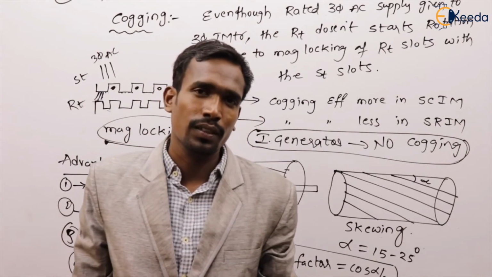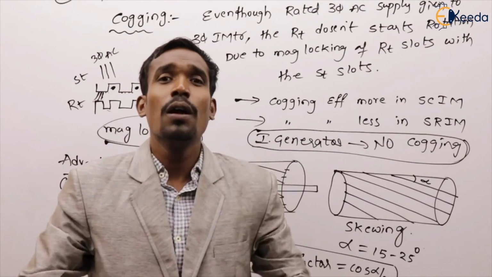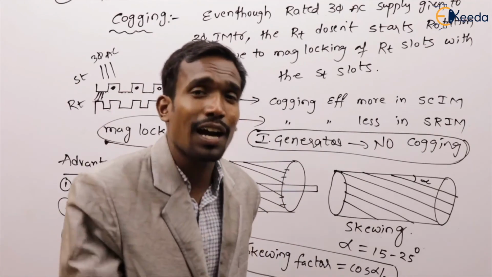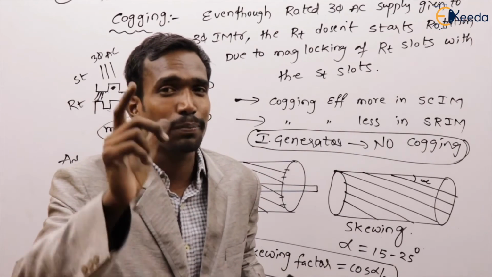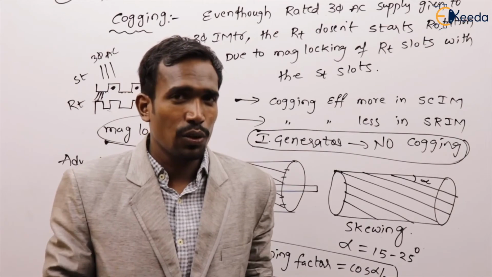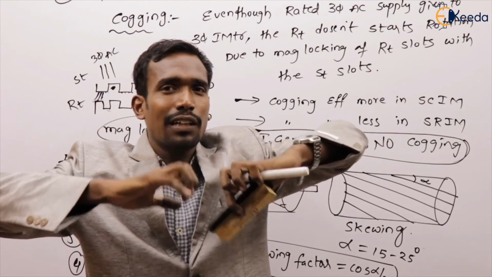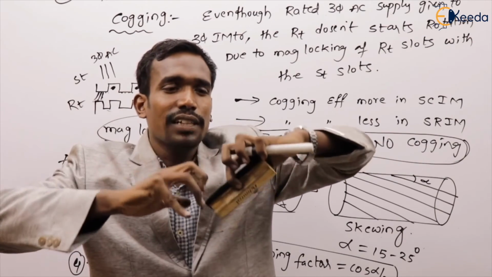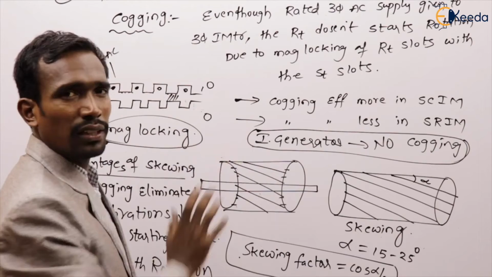Here, due to magnetic locking, the rotor speed is 0, whereas in a synchronous motor, due to magnetic locking, the rotor rotates at synchronous speed. So remember this: in an induction machine, in cogging, the magnetic locking is between stator slots and rotor slots.